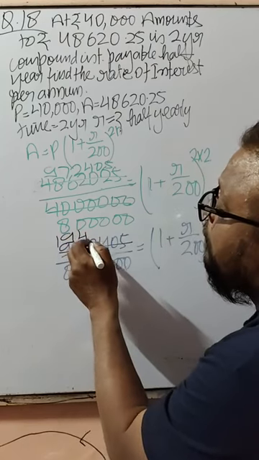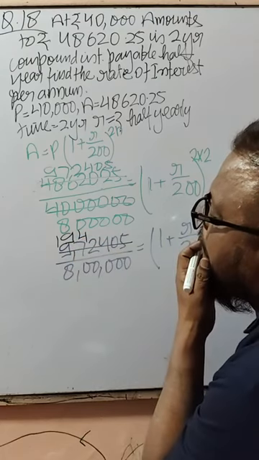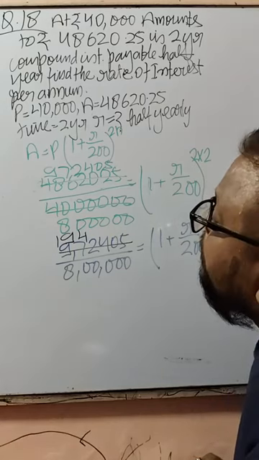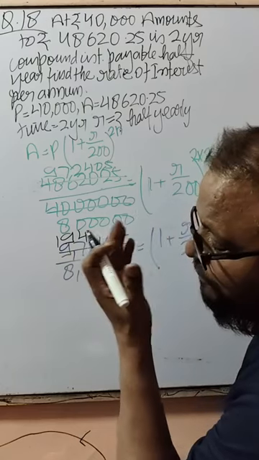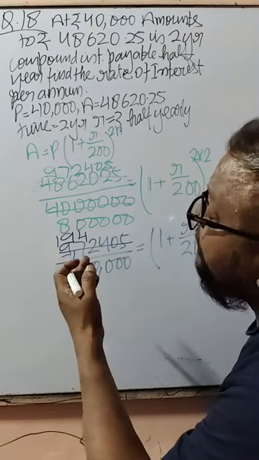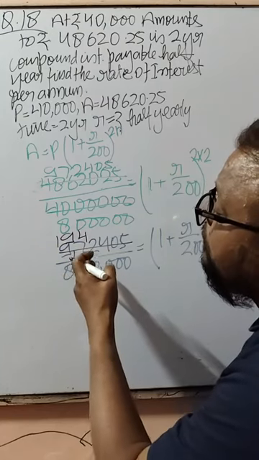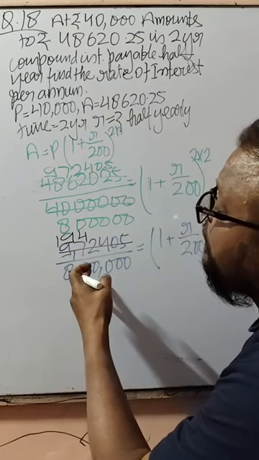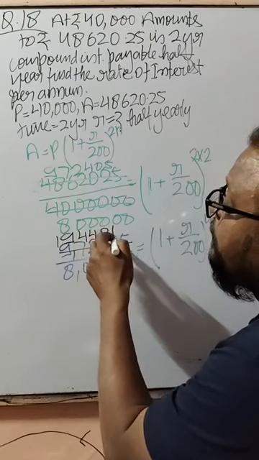1,9,4. 1 time 5, so 9 minus 5 becomes 4, 7. 9 times 5 becomes 45, so 47 minus 45, 2. 4 times we have taken 2, 22. So we take 4, 20. Then we take 2, then 4, then 8, then 1.